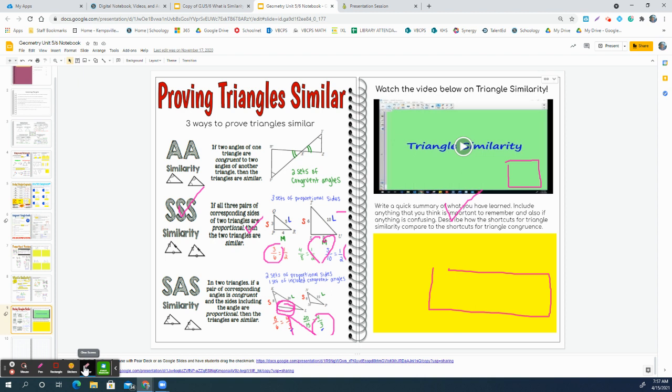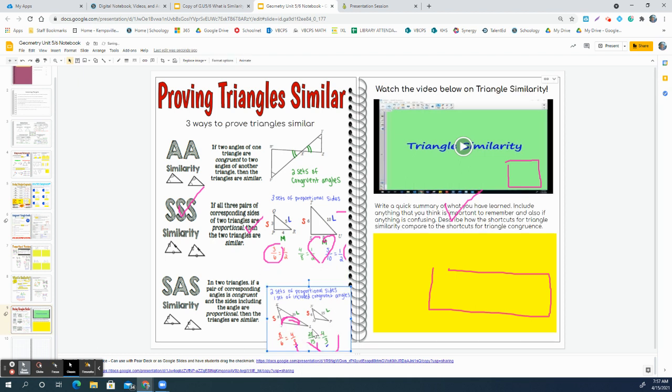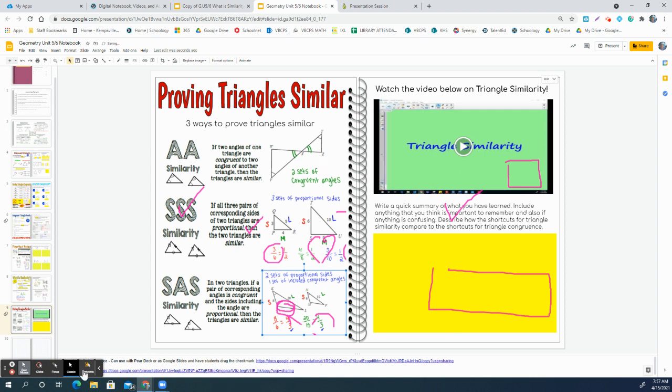Just a little cheat sheet for yourself. Write down the 3 ways you can prove similar and 3 ways you can prove congruent in that yellow box. Give yourself some notes so you know which one is which.